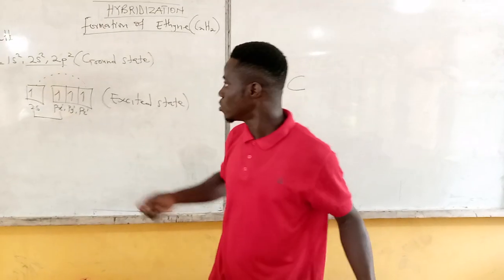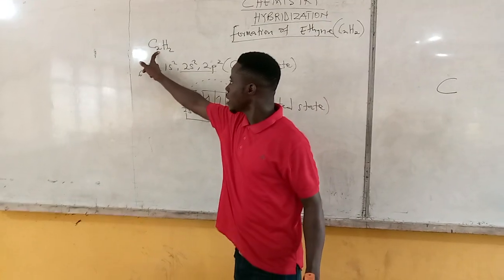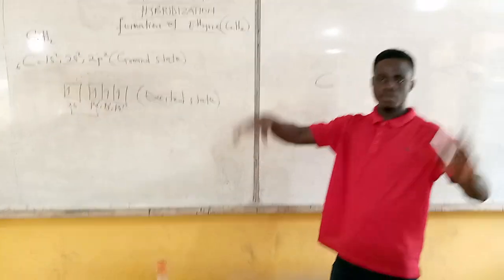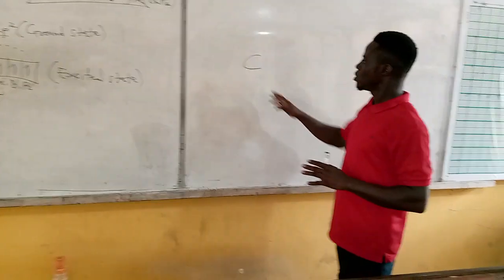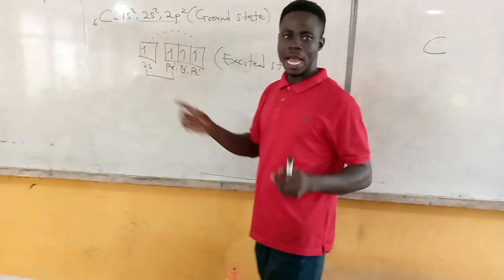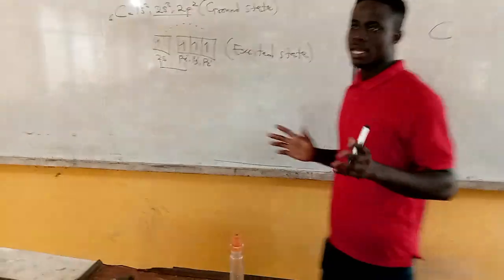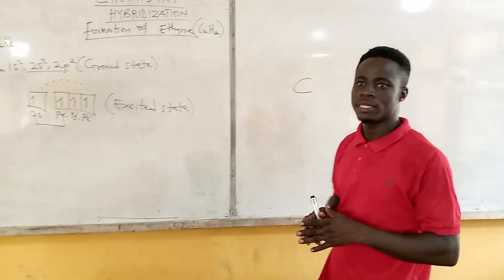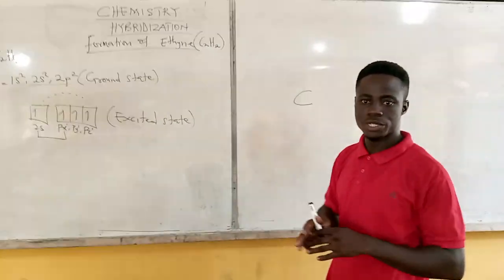There are 2 carbons, so the atomicity is 2. We are going to work on one and repeat the same for the other carbon. When I mix one s with one p, I form 2 hybrid orbitals, and these hybrid orbitals prefer to stay far away from each other due to repulsion.